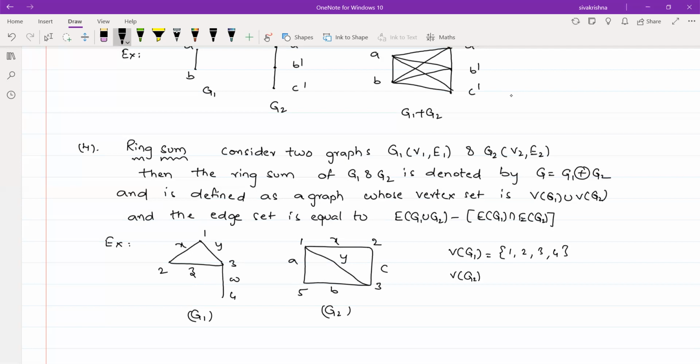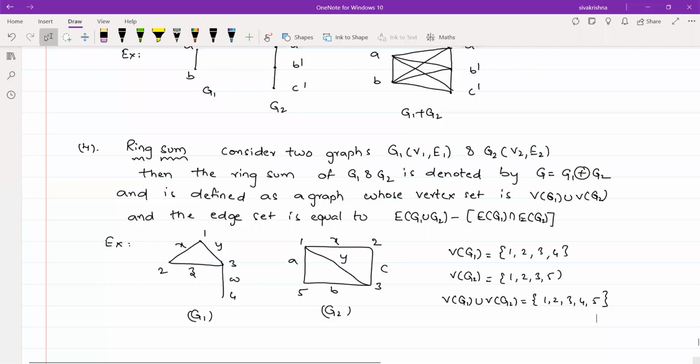Vertices in graph 2 are 1, 2, 3, 5. If we write the union of the vertices of G1 and G2, we get 1, 2, 3, 4, 5. It means there should be 5 vertices present in that graph. These are the vertices to be present in the ring sum of G1 and G2.